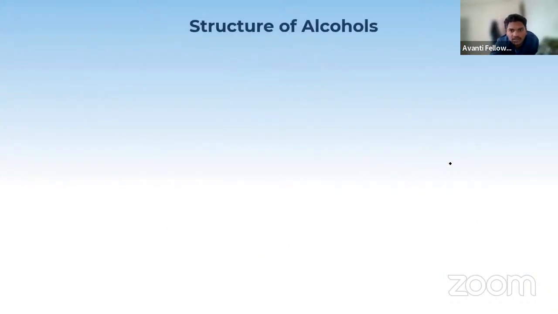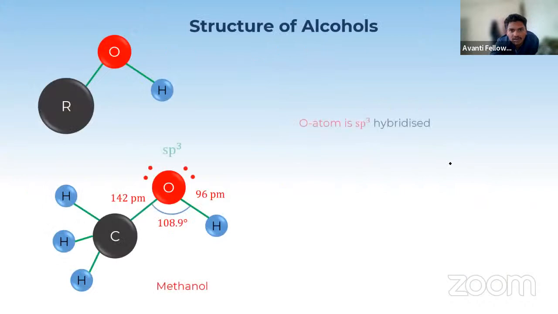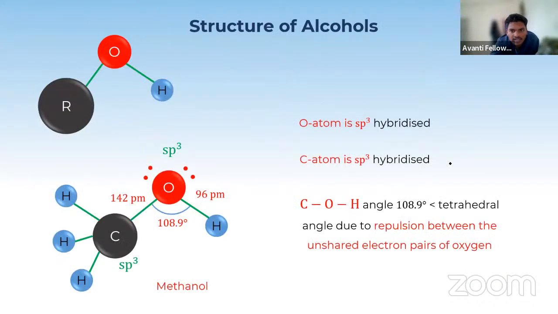Next, how do you define the structure of alcohols? They are usually sp3 hybridized. The carbon is sp3, oxygen is sp3. When there is sp3 hybridization, the bond angle is less than tetrahedral, and due to this, repulsion between the unshared electron pairs is formed.